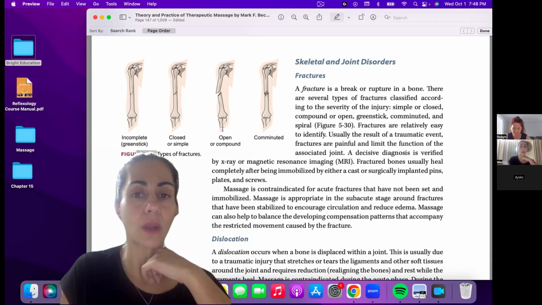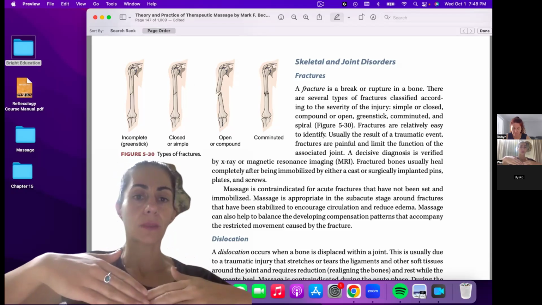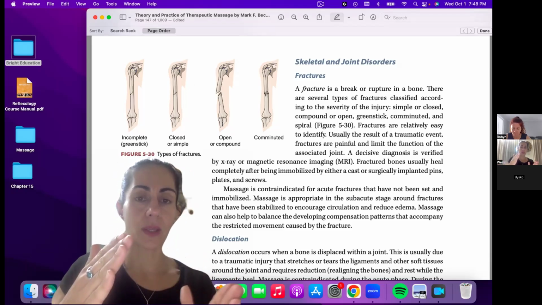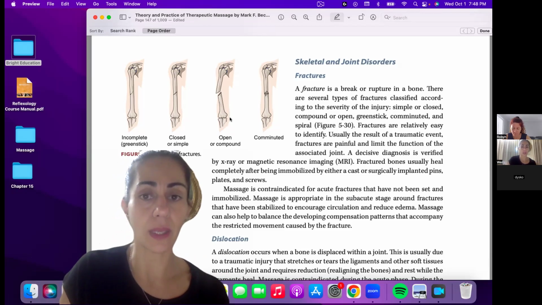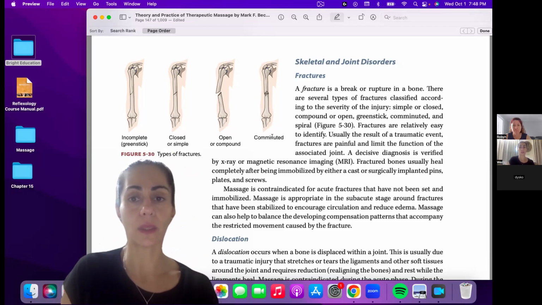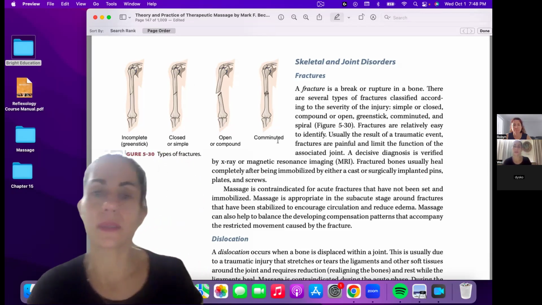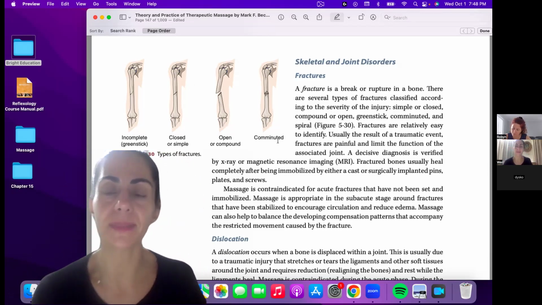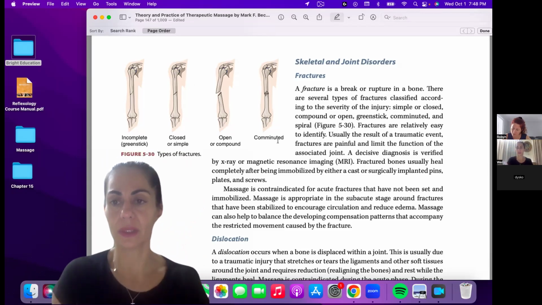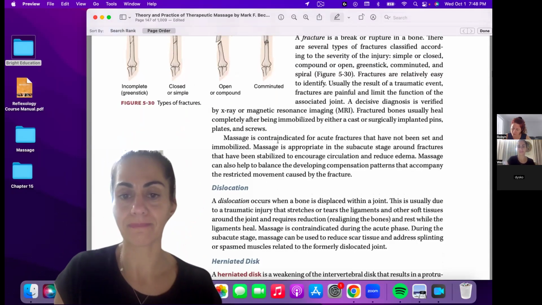Complete or open or compound means there's a complete separation between the ends of the bone, and comminuted is going to be more like crushing the bone into many different pieces.